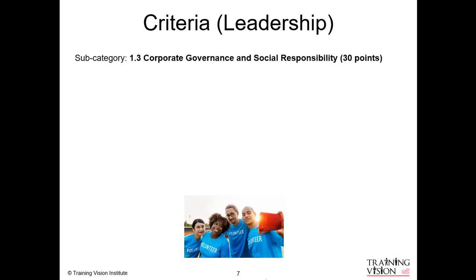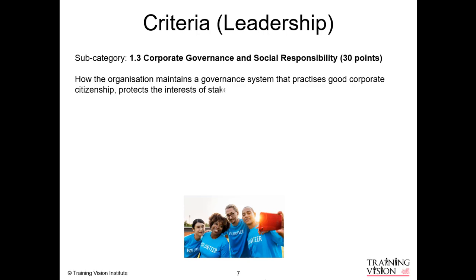In subcategory 1.3, Corporate Governance and Social Responsibility, the point value is 30 points. It describes how the organization maintains a governance system that practices good corporate citizenship, protects the interests of stakeholders, and fulfills its responsibility to the community and the environment it operates in.